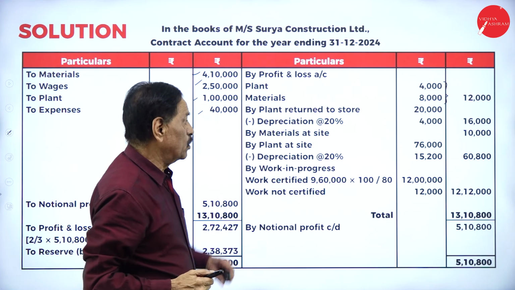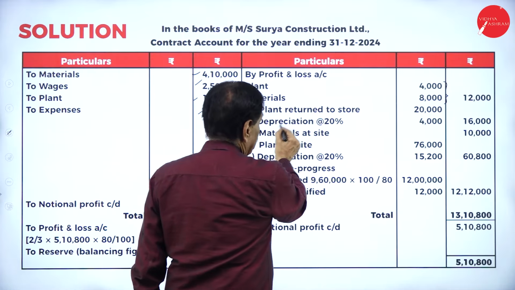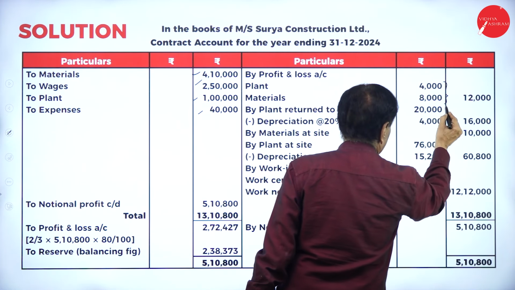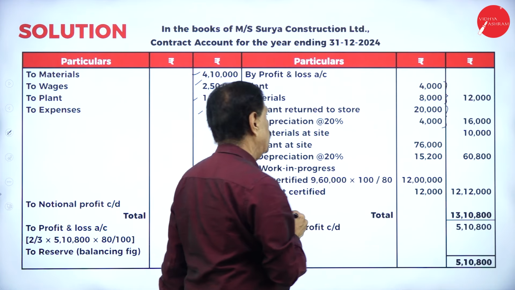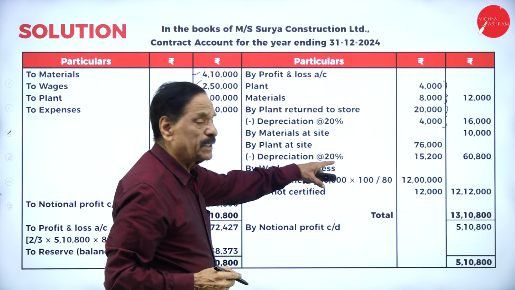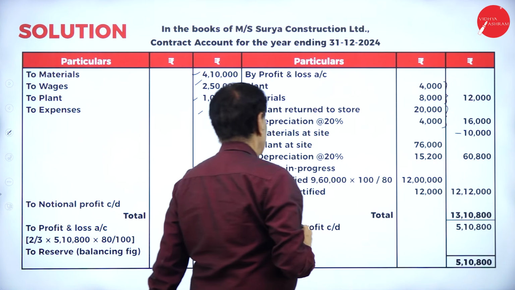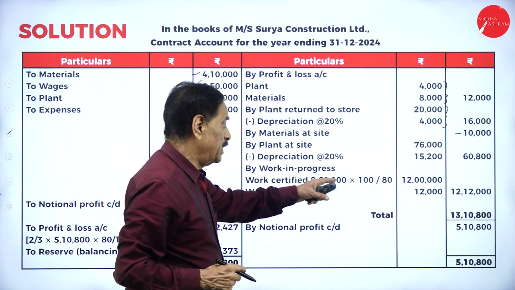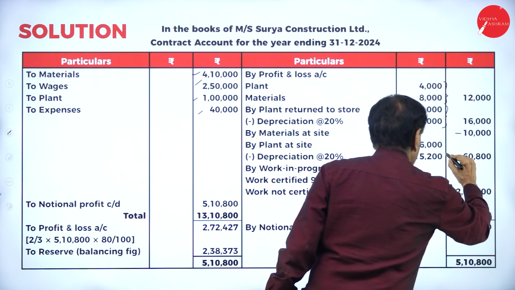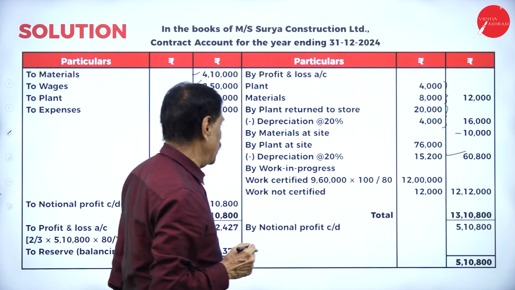By plant returned to store 20,000, less depreciation 20%, 4,000, so it becomes 16,000. By material at site 10,000. By plant at site 76,000. From the working note, 60,800.